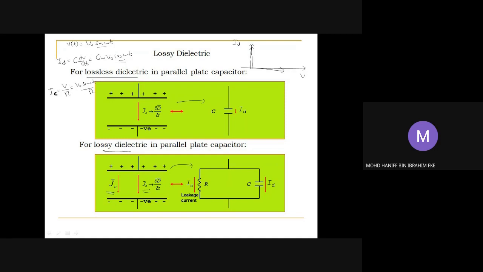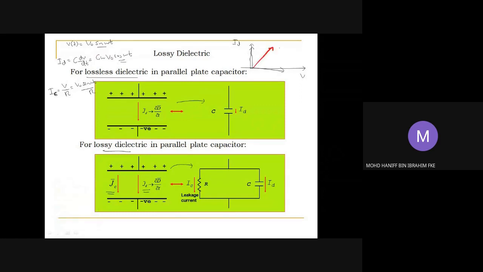As such, for the case of a lossy medium, the current will consist of both the ID and the IC, so your current phasor will look like this.